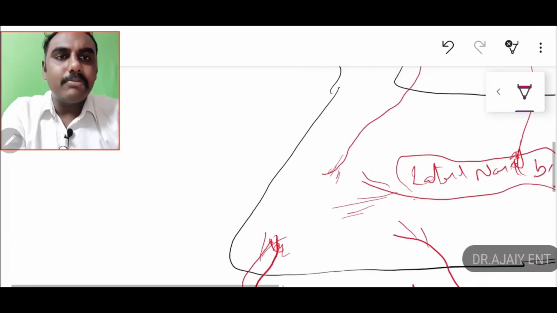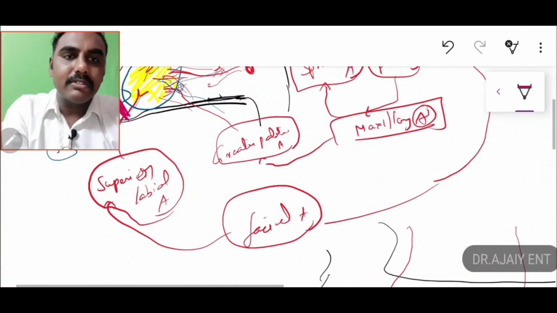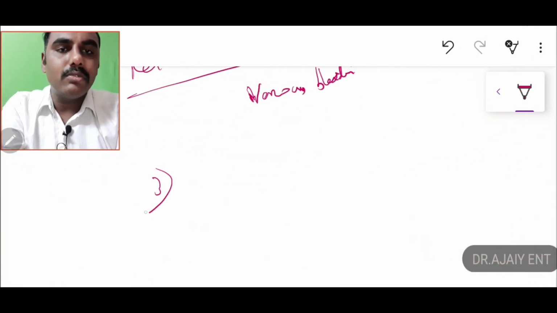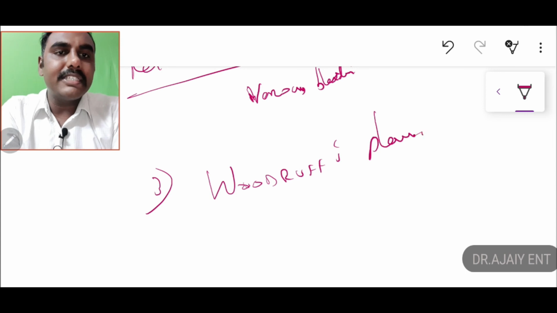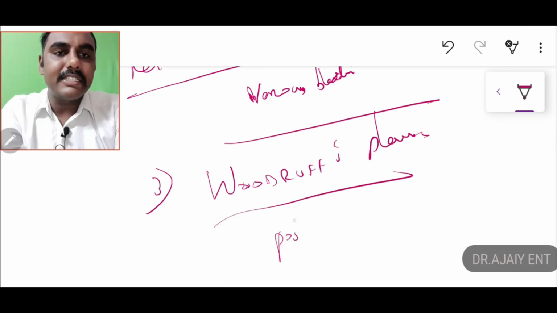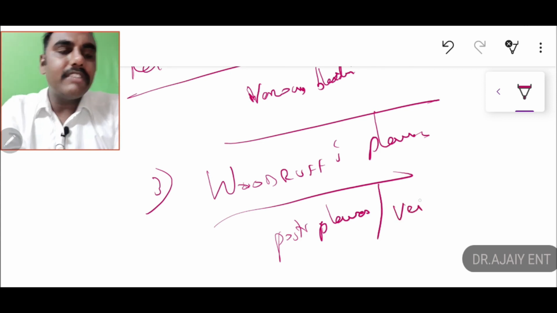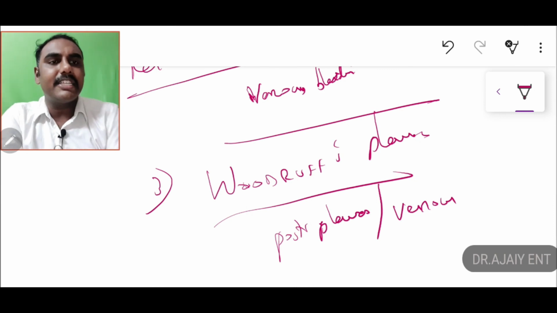So coming on to the next important 2 marks for you, the third one is Woodruff's plexus. Woodruff's plexus is a posterior plexus. In some books it is given as a venous plexus, in some books as an arterial plexus, but consider it a venous plexus.